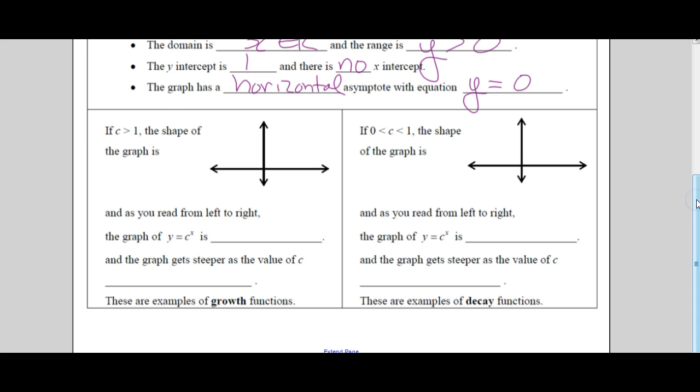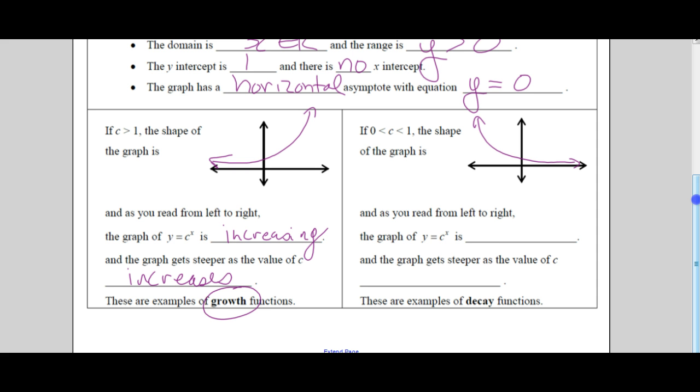If c is greater than 1, the shape of the graph is like this. As you read from left to right, the graph is increasing. And the graph gets steeper as the value of c increases. This is a growth function, right? It's getting bigger. If c is between 0 and 1, then the graph is doing this.